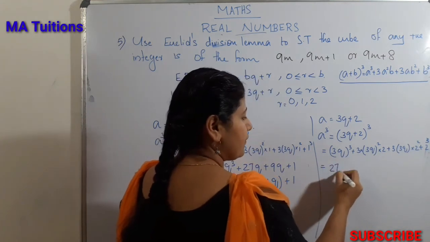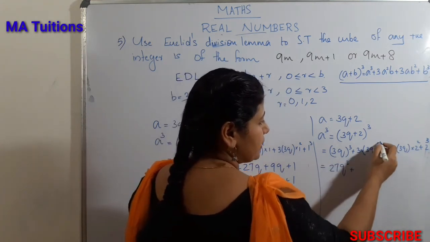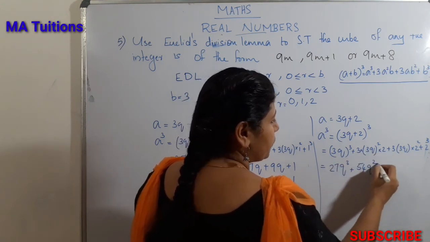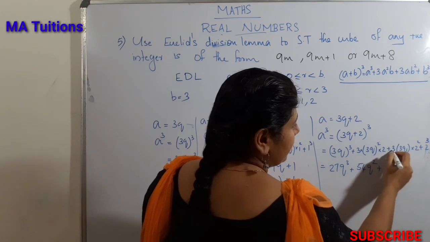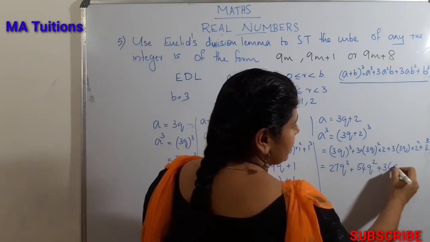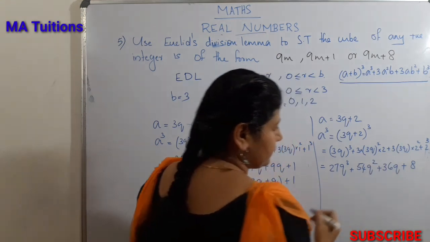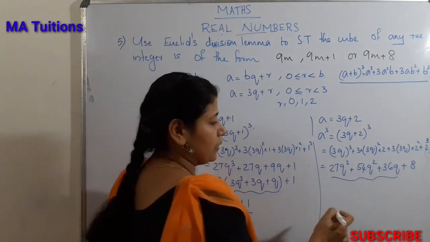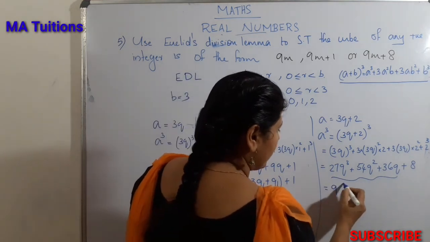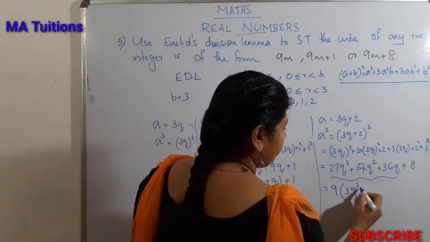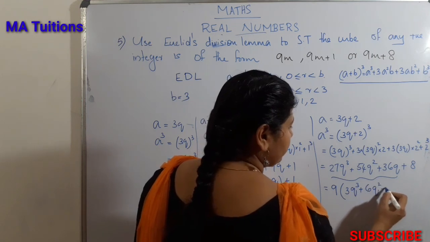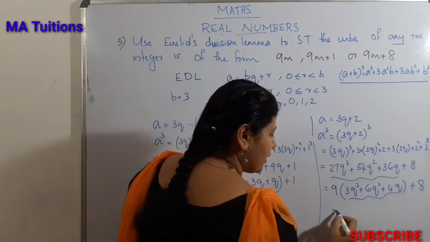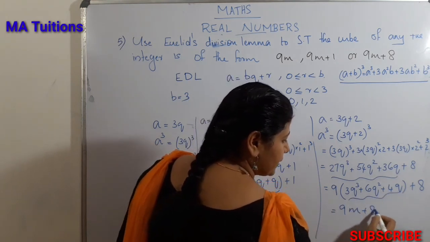So it will be 27q cube plus 9 into 6, 54 q square plus 9 into 4, 36 q plus 8. So from all the 3 terms we can take 9 outside. 3q cube, 6q square plus 4q plus 8. So instead of this I will write 9m plus 8.